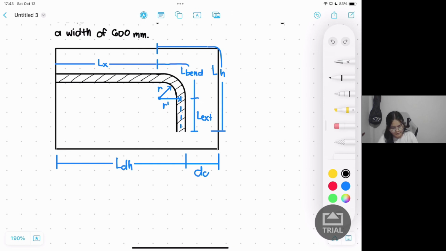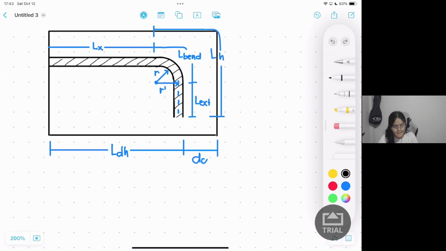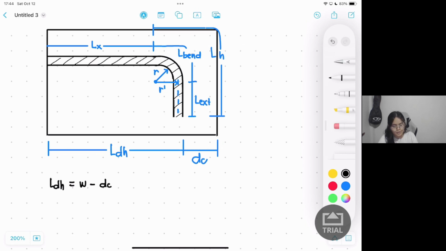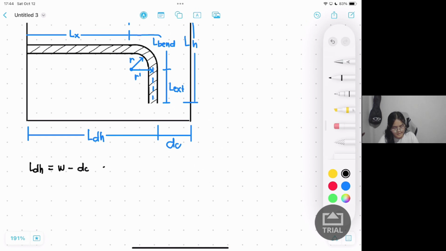Okay? So, first step natin, solve natin muna si LX. Okay? And based sa figure, to solve for LX, we have to first find the length of LDH. So, si LDH, based sa figure, that is width of the support minus the DC or yan yung concrete cover. And then for this problem, ang DC, it's either pwedeng 50 mm or 75 mm.